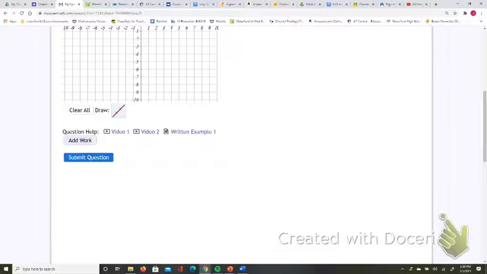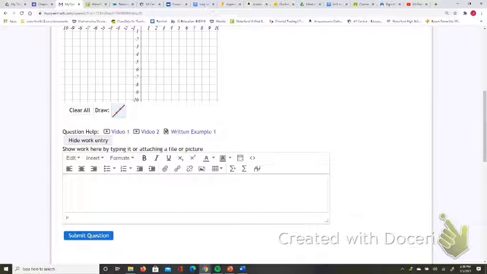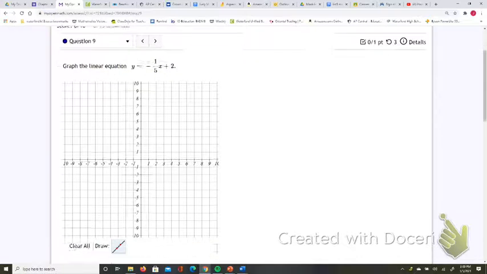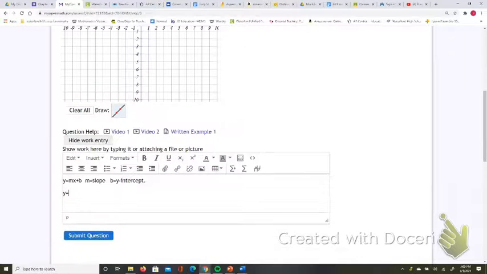Okay, now go into your work area. y equals mx plus b. m equals slope. b equals y-intercept. y equals -1/5 x plus 2.